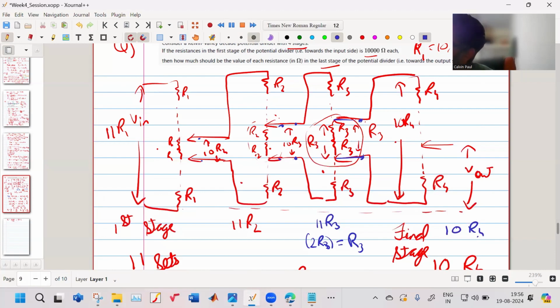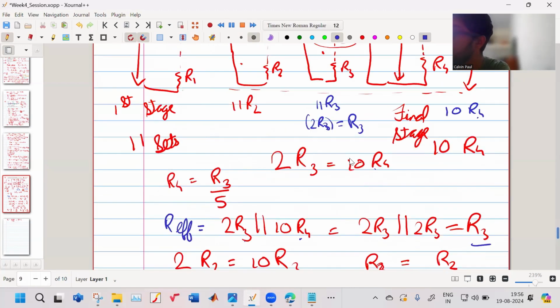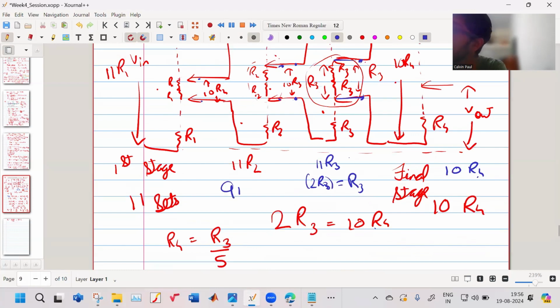Now again, that same funda: I will put that my 2 R2 is equal to 10 R3. Then again I will do the parallel combination and I will get that resistance to be R2. But there are remaining 9 R2 resistors. So 2 R2 resistors get combined into an effective resistance of R2.